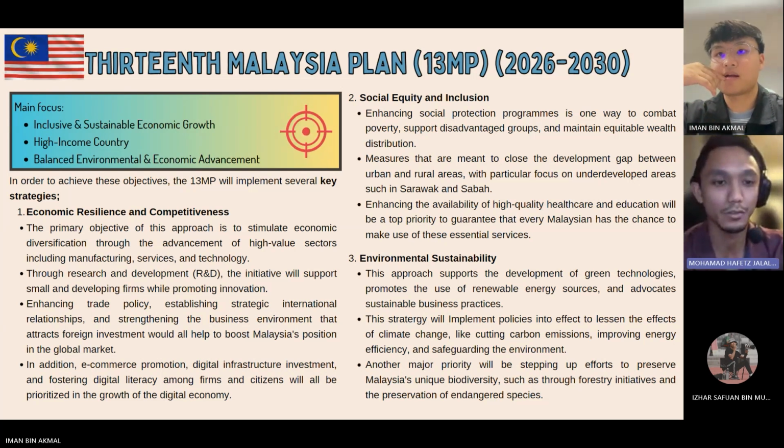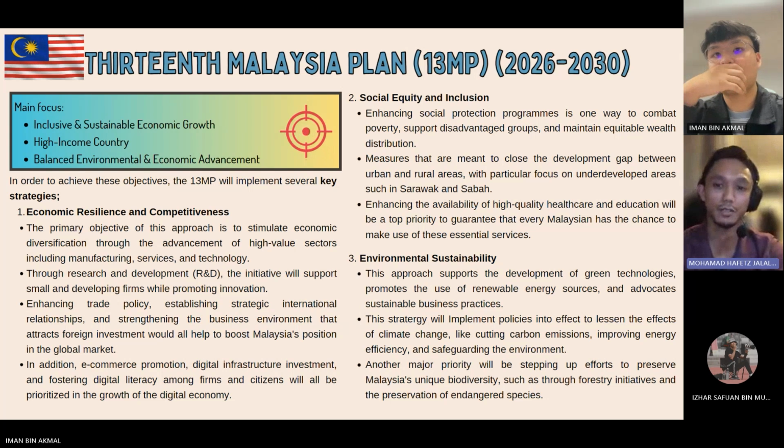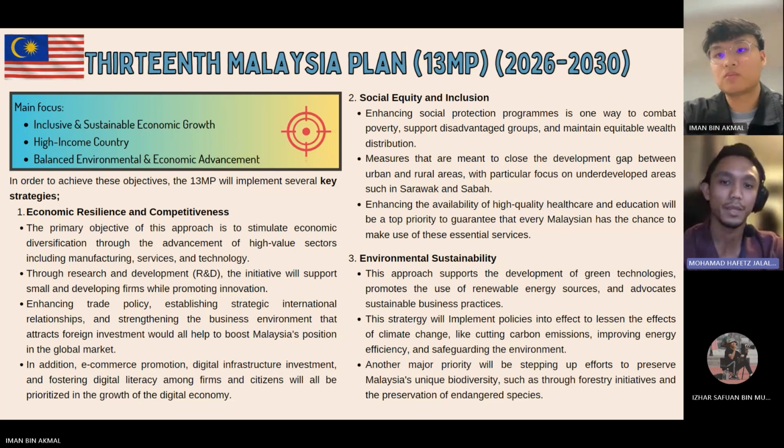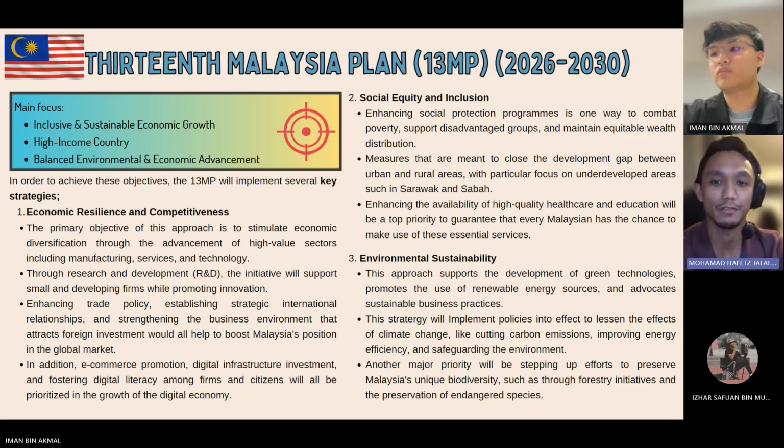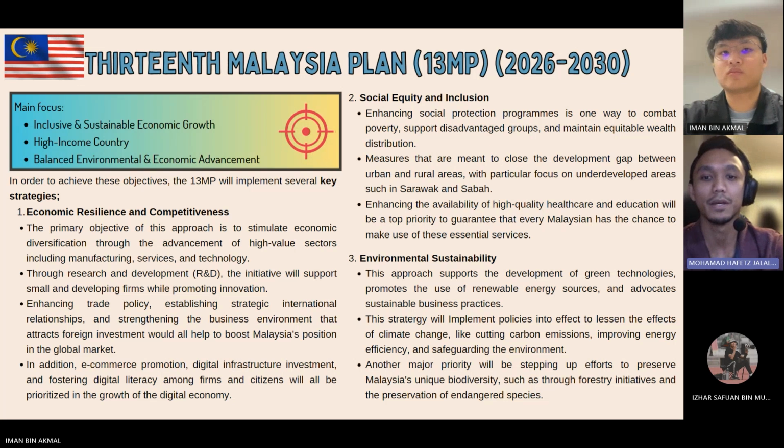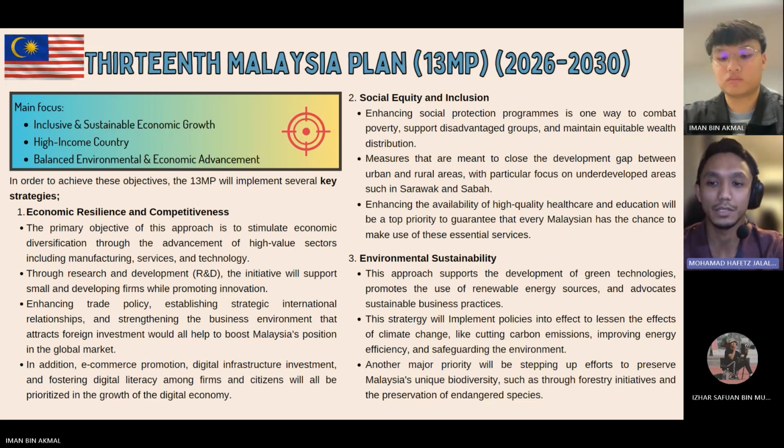This is also part of the inclusive and sustainable economic growth that is a main focus of the 13th Malaysian Plan. Enhancing social protection programs is one way to combat poverty, support disadvantaged groups, and maintain equitable wealth distribution. Measures are meant to close the development gap between urban and rural areas, with particular focus on underdeveloped areas such as Sarawak and Sabah.